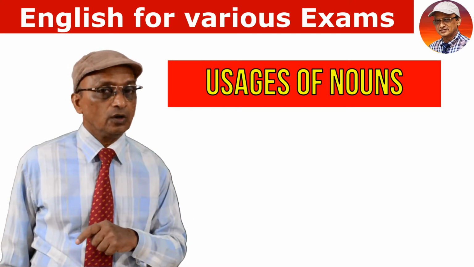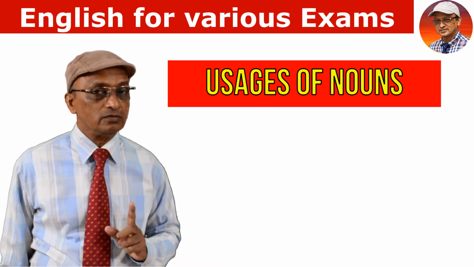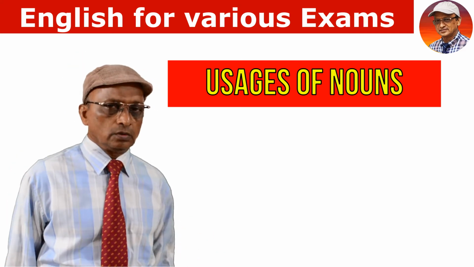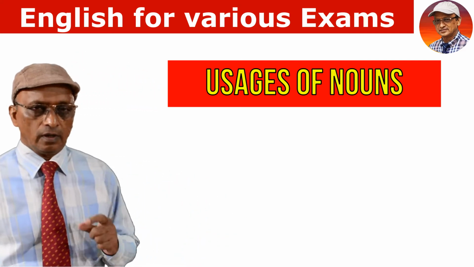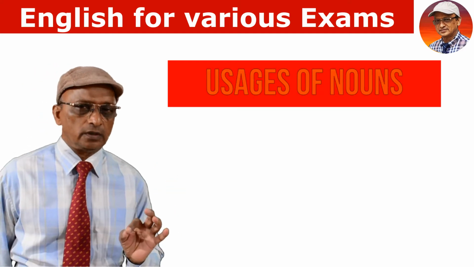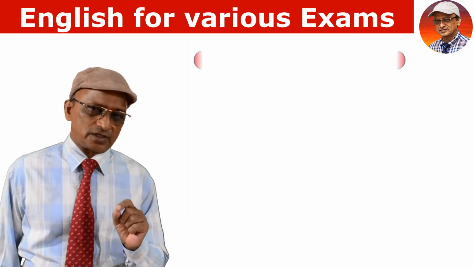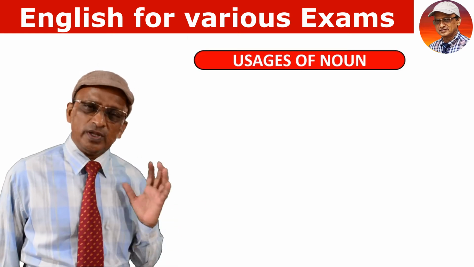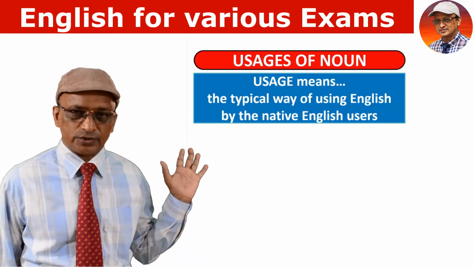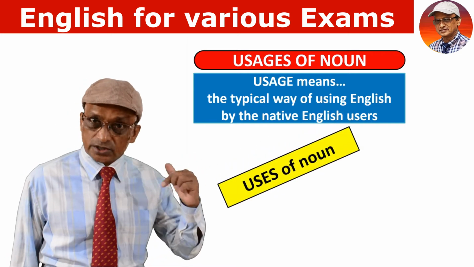Now let's see what those usages of noun are. Before I take you to the usages of noun, let me make clear what usages really means. Usages is the plural of uses; it simply means the use of nouns. This has a deeper meaning.